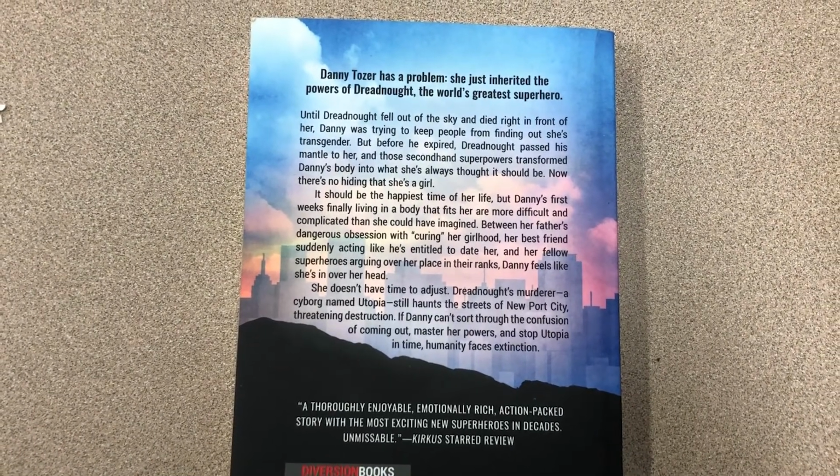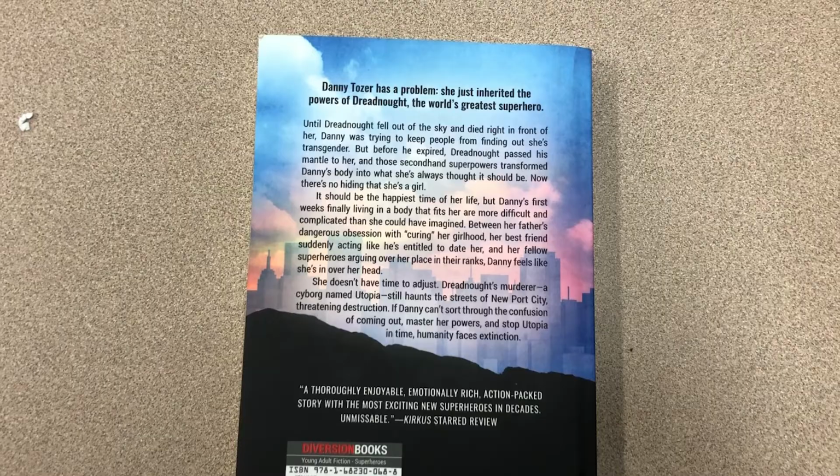Between her father's dangerous obsession with curing her girlhood, her best friend suddenly acting like he's entitled to date her, and her fellow superheroes arguing over her place in their ranks, Danny feels like she's in over her head. She doesn't have time to adjust. Dreadnought's murderer, a cyborg named Utopia, still haunts the streets of Newport City, threatening destruction.